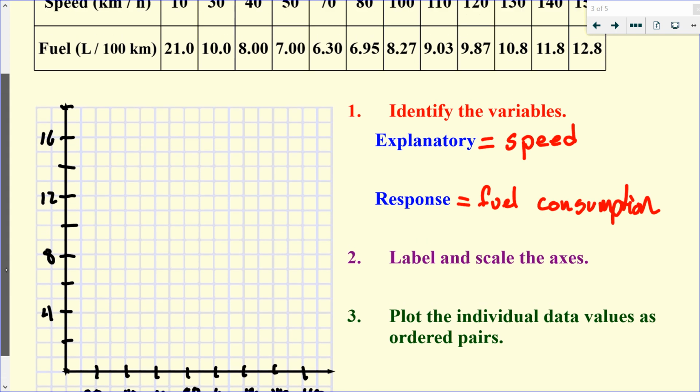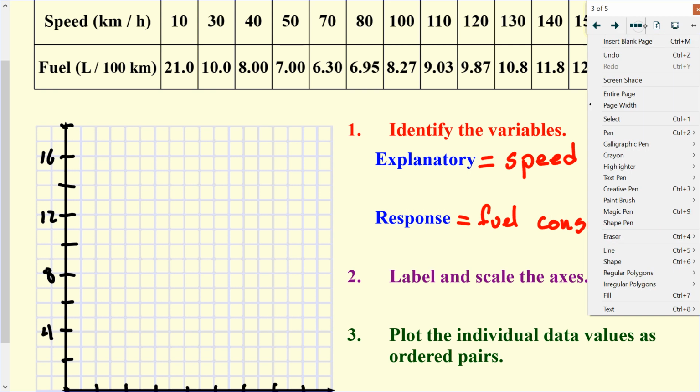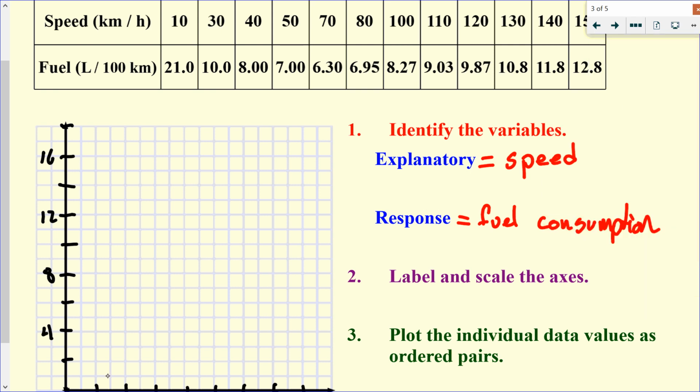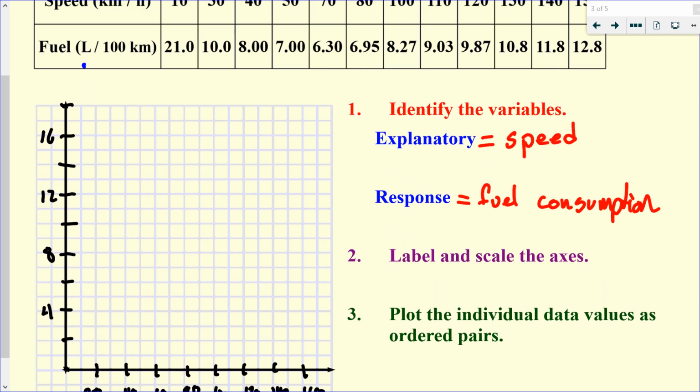Okay, so let's look at what we got. For 10, we got 21. That one's well off the graph, but we're going to go with it anyways. So this is 20, so 10 and 21, probably somewhere up there.